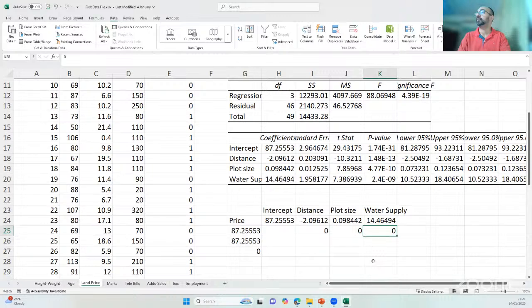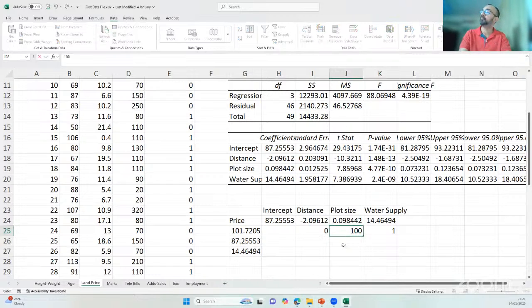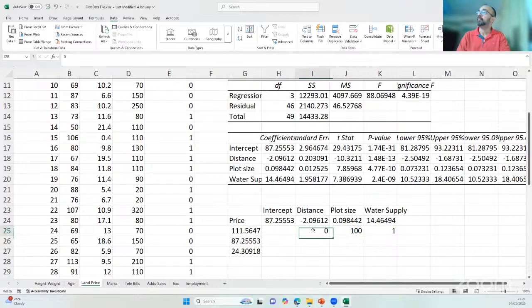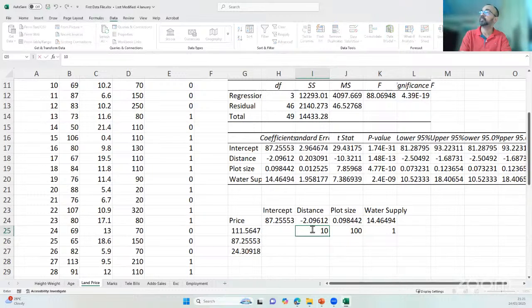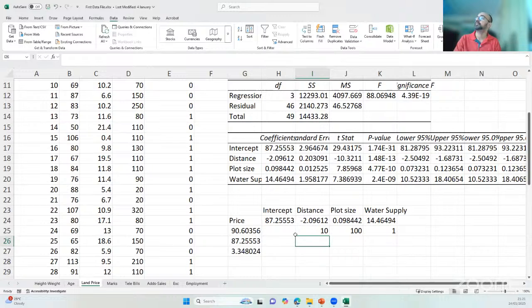If there is water supply, you can see the price is increased by 14 point this much. So here you can only have 1, right? So assume there's a plot of land with water supply, 100 perch land at 10-kilometer distance from the town center. So the estimated per perch price is this much, 90.